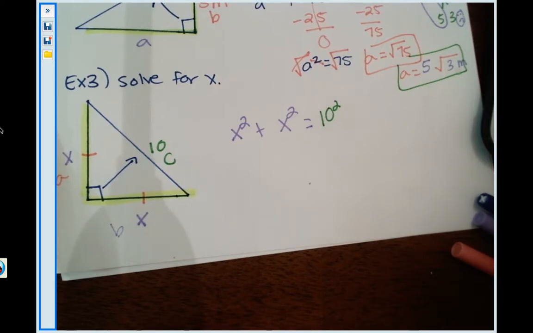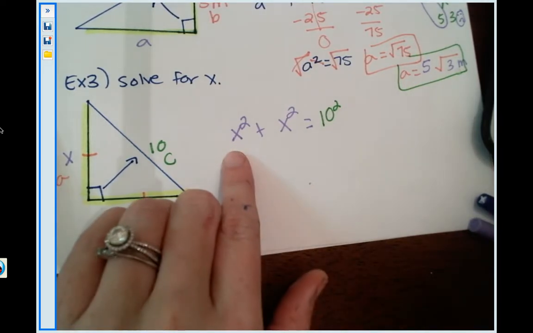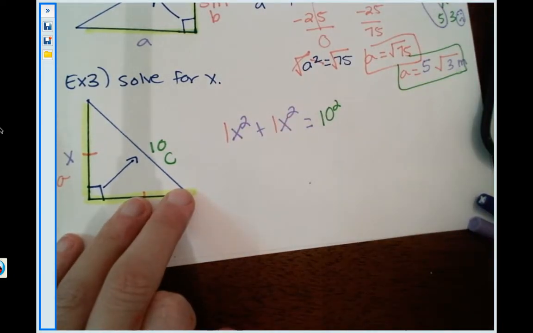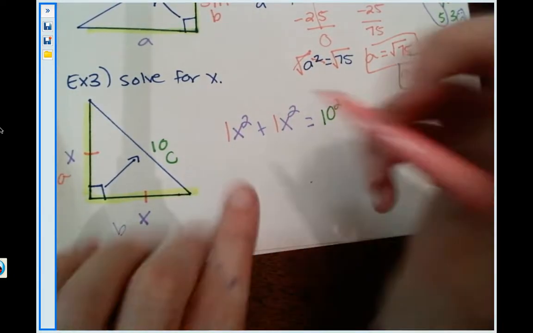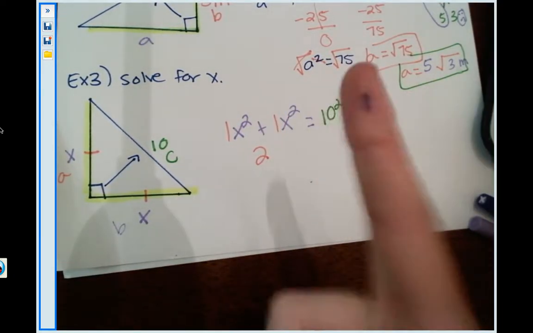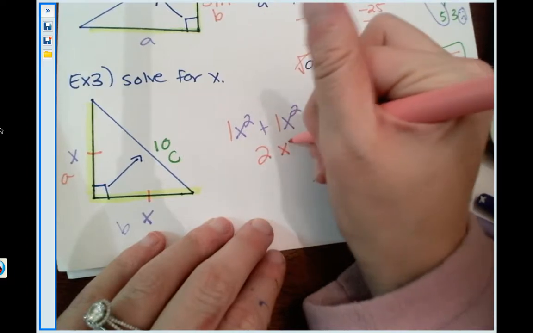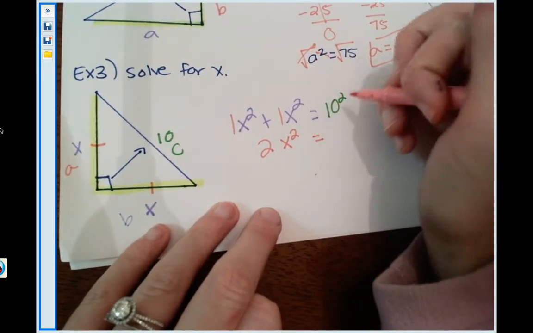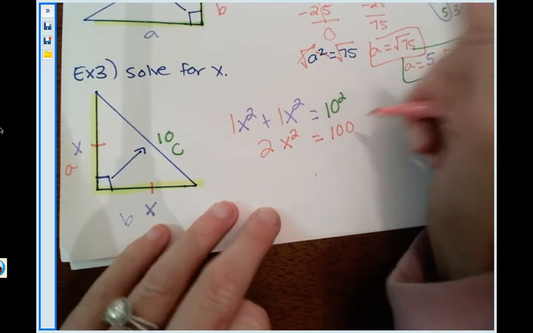Let's start solving this for x. So x squared plus x squared, both of these secretly have a 1 in front. When we combine these like terms, 1 plus 1 is 2. And remember, the x squared you leave alone. You do not touch it. So it's 2x squared equals 10 squared. 10 times 10 is 100.